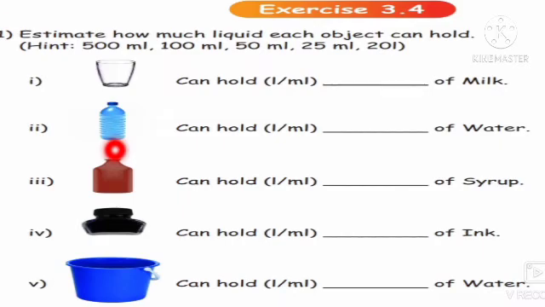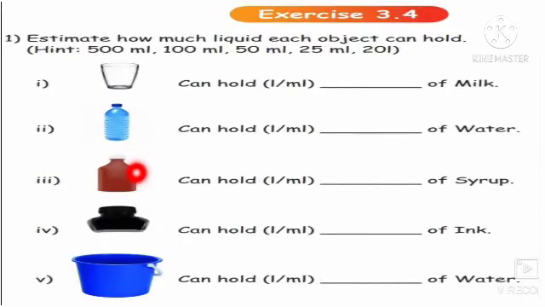And a bottle can hold 500 milliliters of water, half liter. In the third one, a syrup bottle is given. Syrup bottle can hold, yes, 100 milliliters of syrup. And an ink bottle, we know that it can hold 25 milliliters of ink.